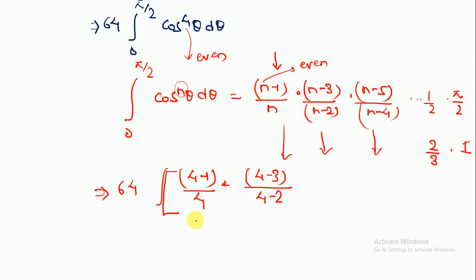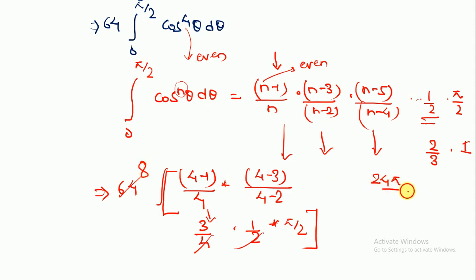What we get is 3 by 4, 3 by 4, here 1 by 2. As I have reached the 1 by 2 factor, it should be multiplied with pi by 2. Then 4 2 is 8, 8 4 is 32, 8 8 is 64. You will get 24 pi by 2, the required result, that is 12 pi.